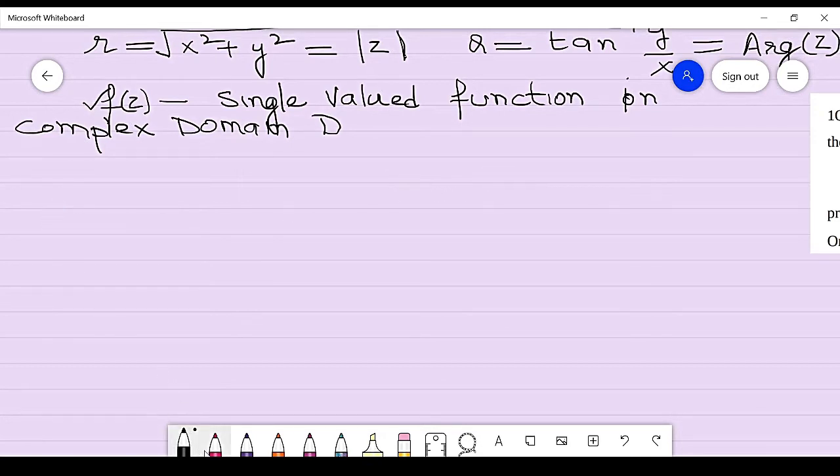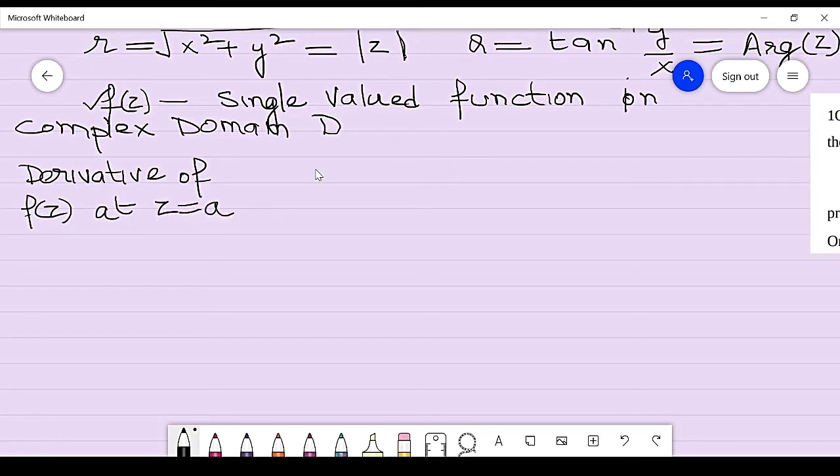Now, the first concept is the derivative of a function in the complex domain. This derivative can be written as f dash z. It means the derivative of f of z at the point z equal to a.